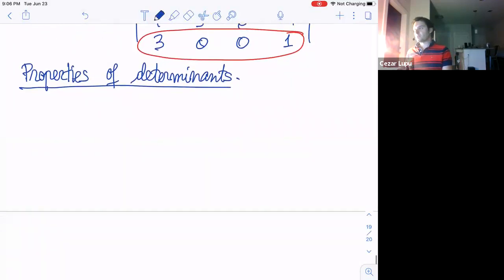Okay, properties of determinants. So, I'm just gonna go straight to the point. And the properties of determinants will be the following.